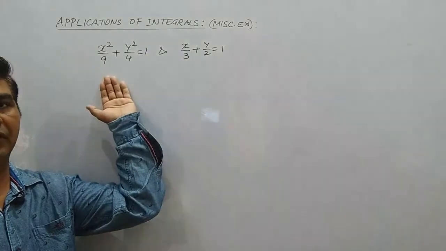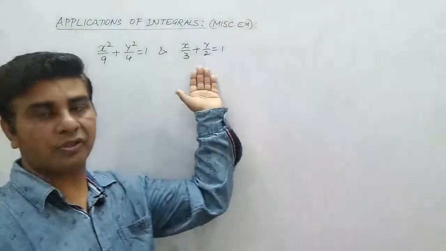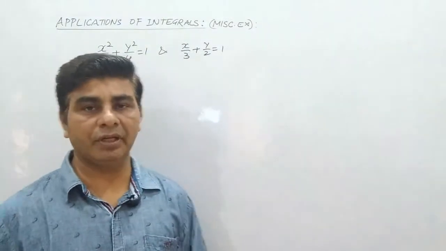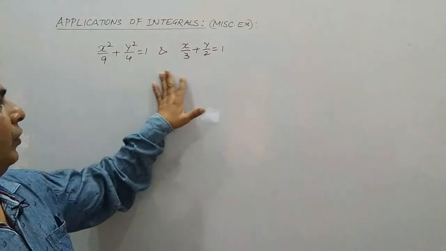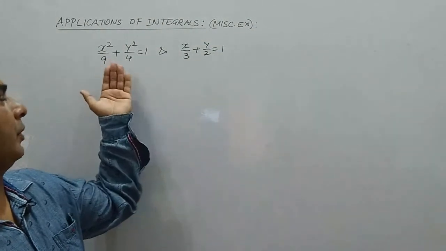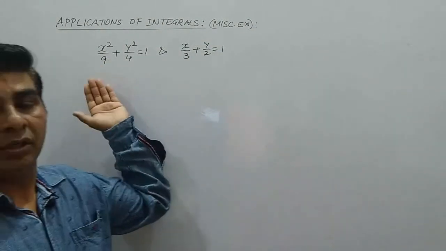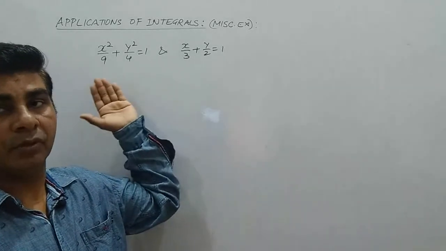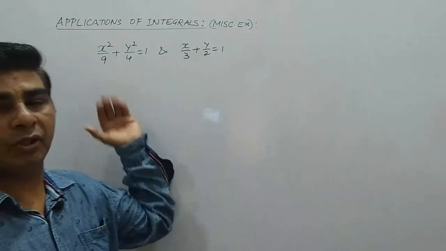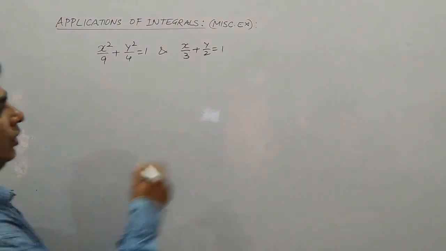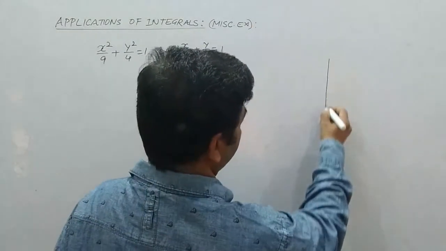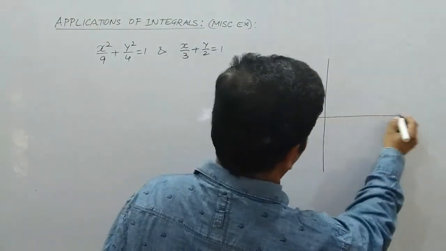Number 1 is the curve, which is your ellipse. Number 2 is your straight line, which is a non-vertical line. Now first of all we have to identify the ellipse. This is a horizontal ellipse whose vertices are plus minus 3 comma 0, and it can be drawn like this.